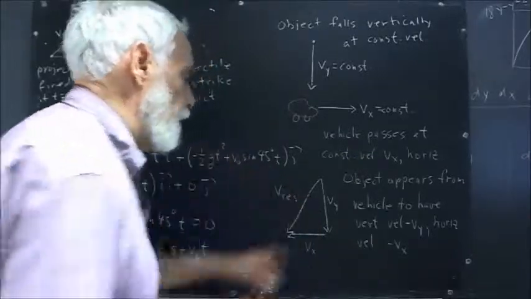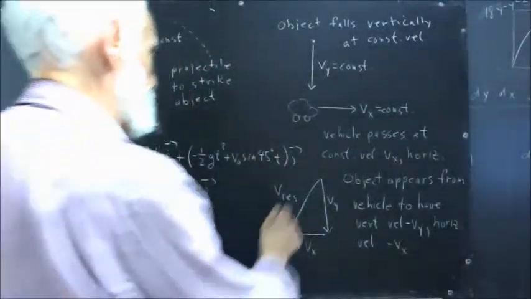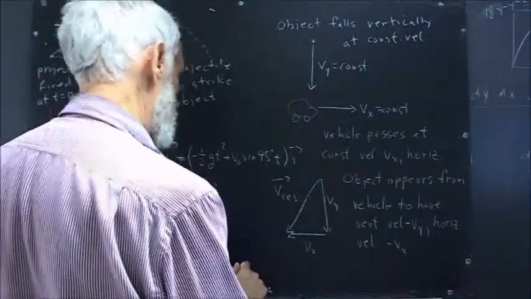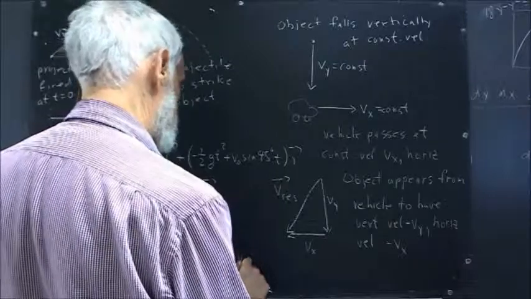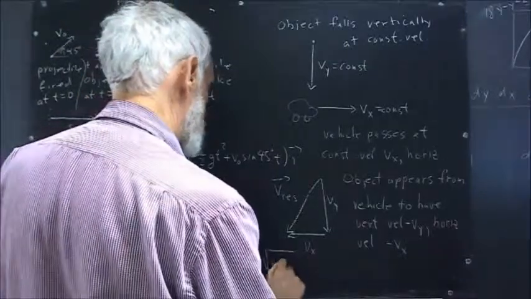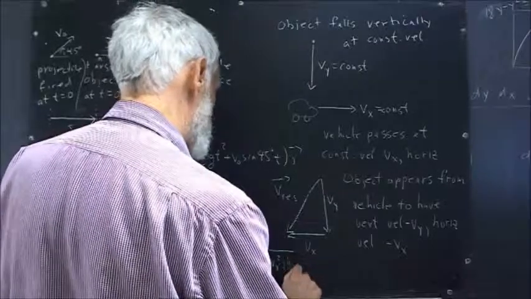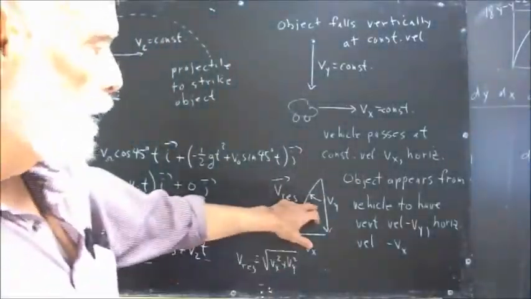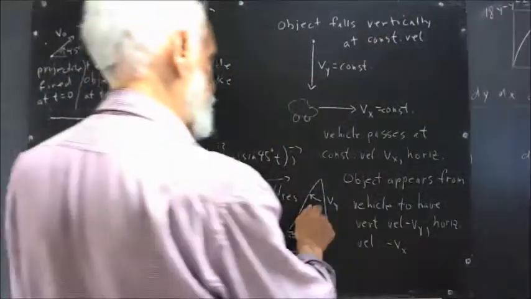I'll express that resultant velocity as a vector, and it has magnitude square root of Vx squared plus Vy squared, and makes an angle here, if this angle is theta.